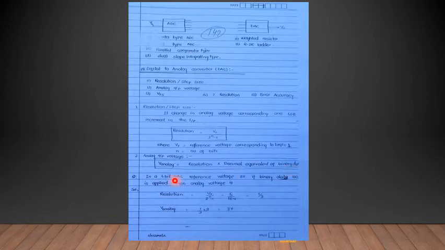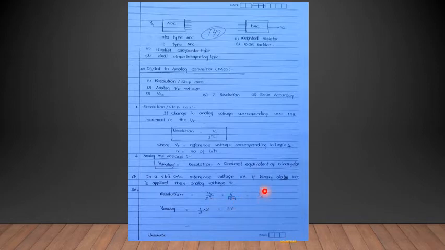Suppose consider this example: in a 4-bit digital to analog converter, the reference voltage is 5 volts. If binary data 100 is applied, then what is the analog voltage? First of all we have to calculate resolution. Reference voltage is 5 upon 2 to the power 4 minus 1, that is 16 minus 1, equal to 1 by 3.